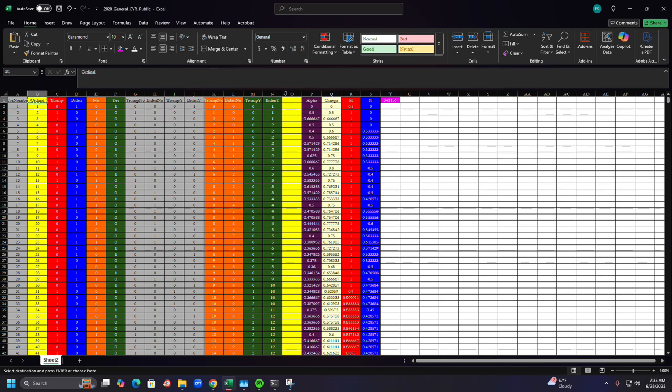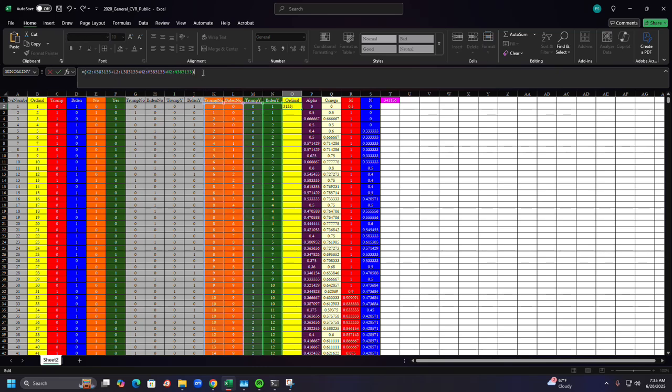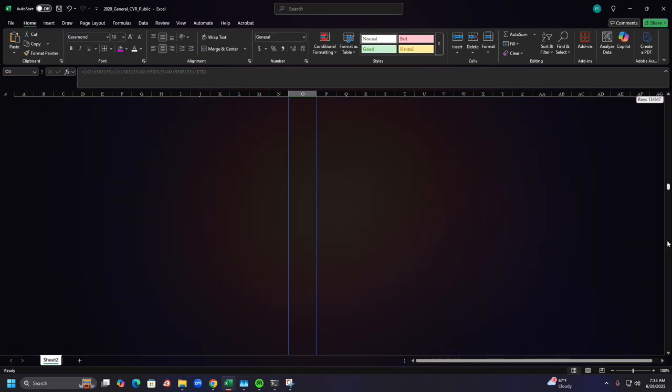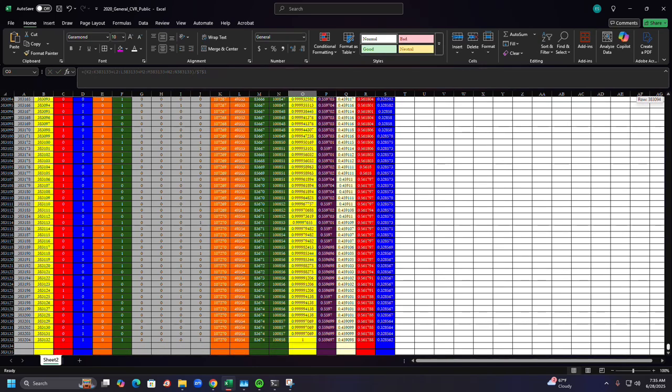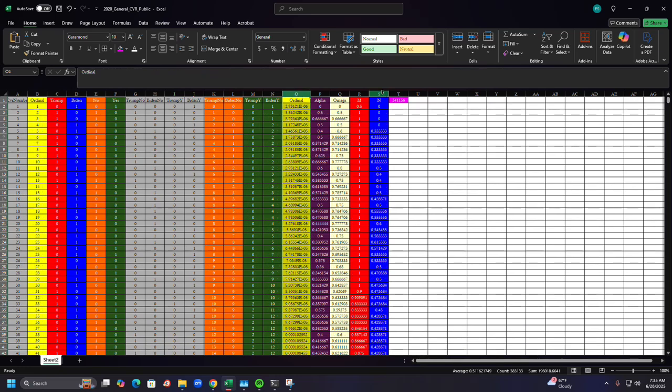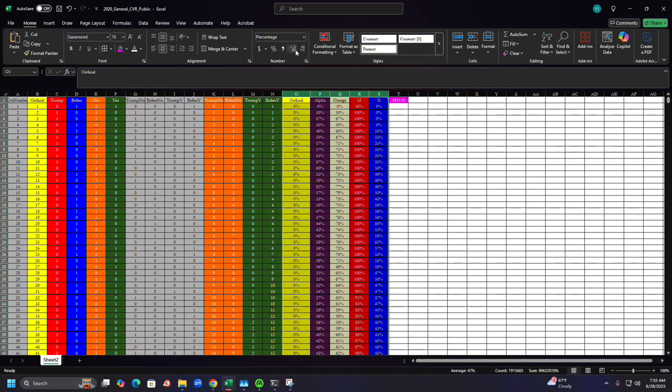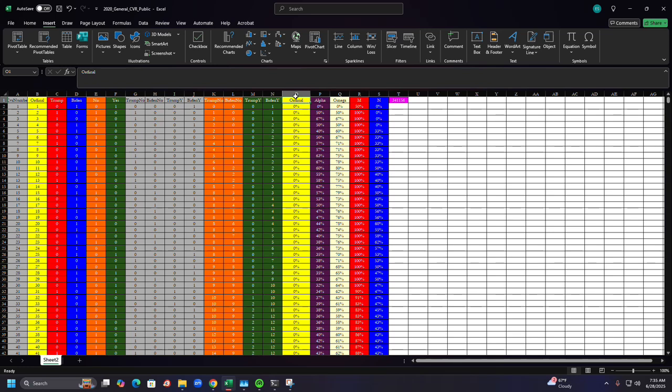Okay, so then the total, if we look at this, it's going to be this denominator here. And then we're going to divide it by T1. And that is the percentage of ballots counted. Now we're going to graph these as percentages, and we're going to call this time.